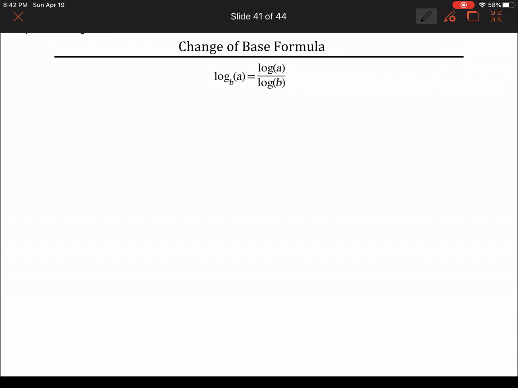So if you have a log problem, log base b of a, you can change its base by doing log of a over log of b. Now, the formula I gave you already has 10 as the base.